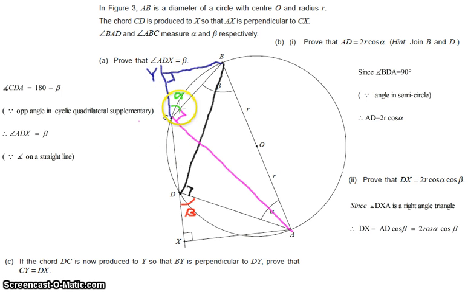Now first of all, you find this angle by considering the cyclic quadrilateral here again, and we know this angle here has to be equal to 180 degrees minus alpha, because opposite angles are supplementary, and hence it follows that this has to be equal to alpha.